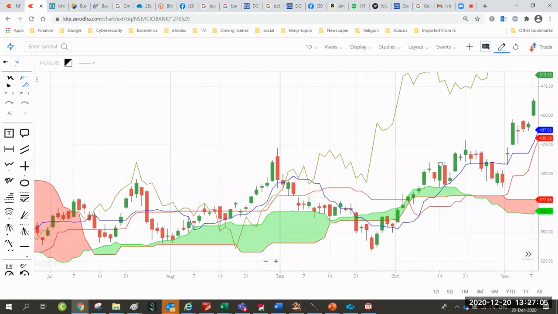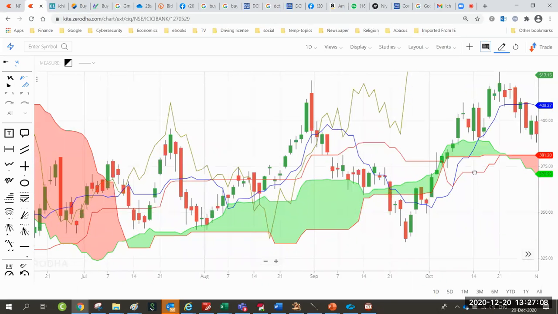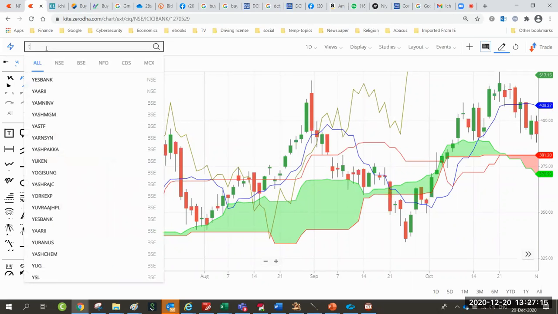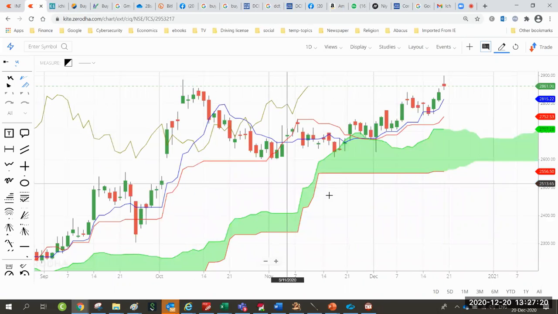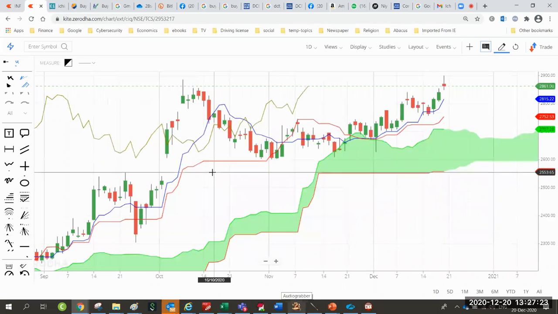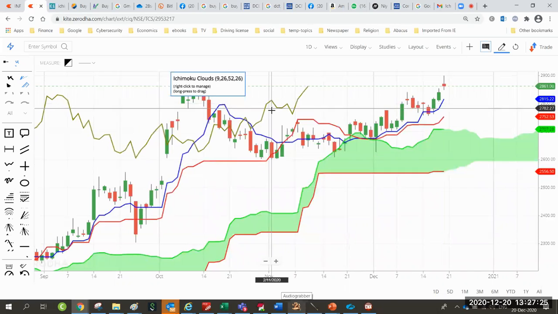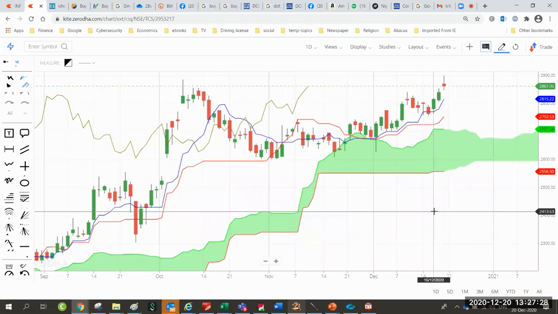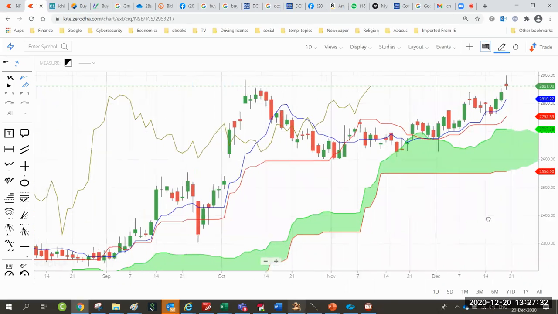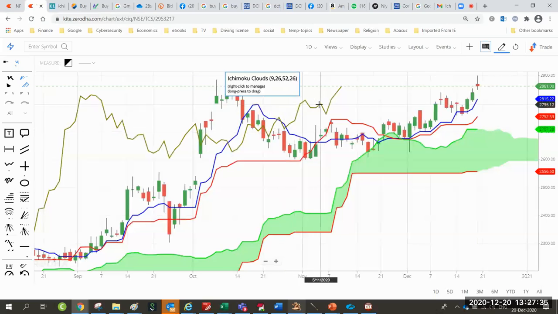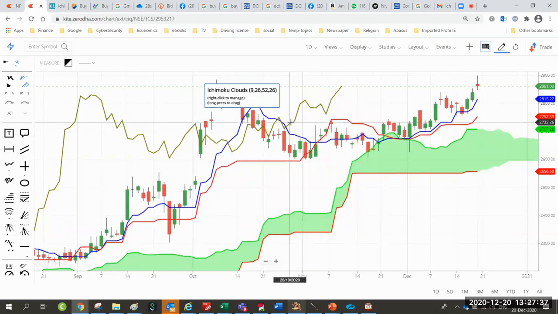Now, which chart you want to see? ICICI or some other stock? TCS. Let's see TCS. So TCS, you can see that the Chiku has gone almost on this particular date above this one.